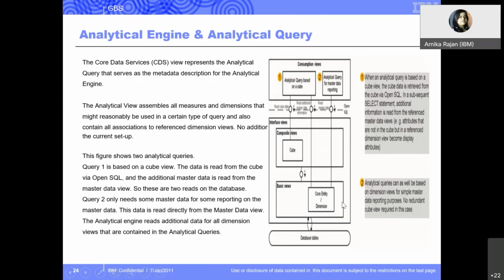If you have a requirement just to show the dimensions and certain master data fields, you can directly create an analytical query on top of your master data view. And if you have certain calculations or aggregations to be done, then you have to create a cube view and then consume it in your analytical query.